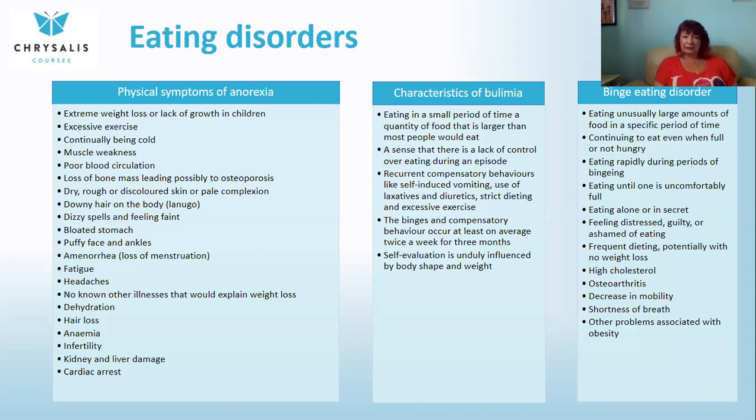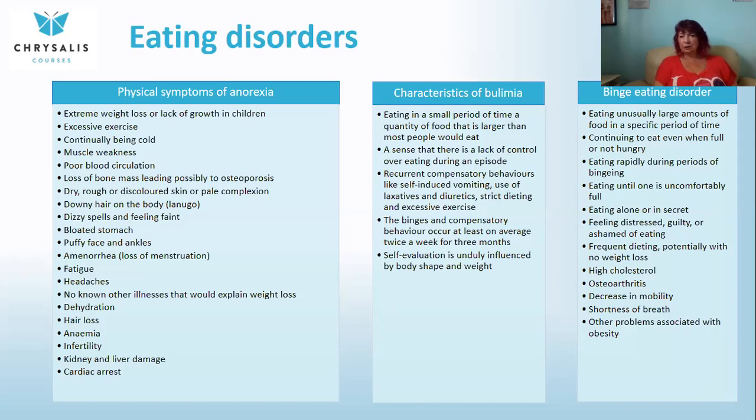And here in the middle of the screen, we can see the characteristics of bulimia: eating in a small period of time a quantity of food that is larger than most people would eat. A sense that there's a lack of control over eating during an episode.